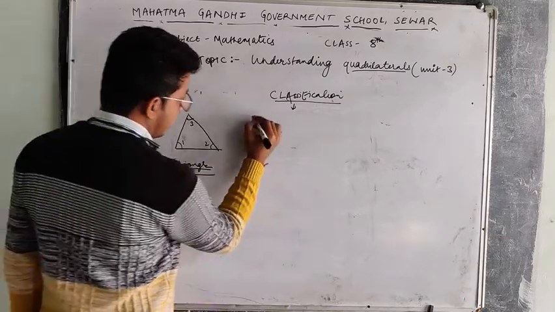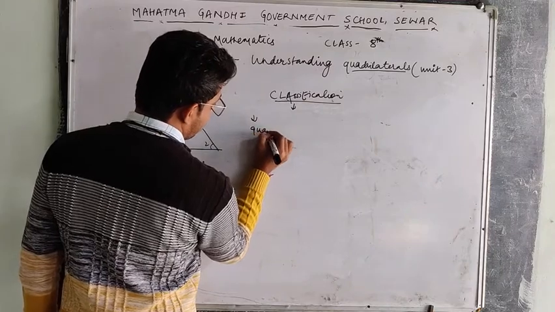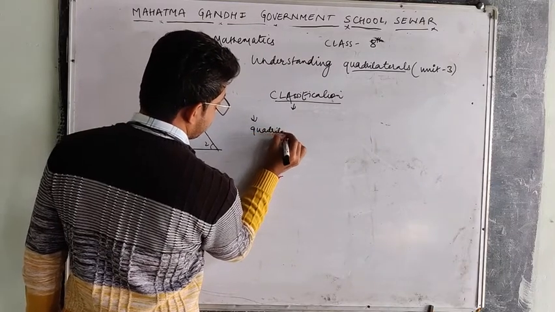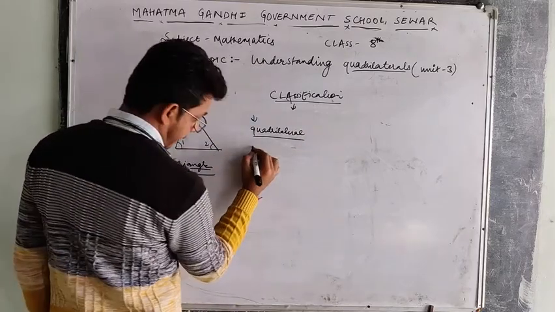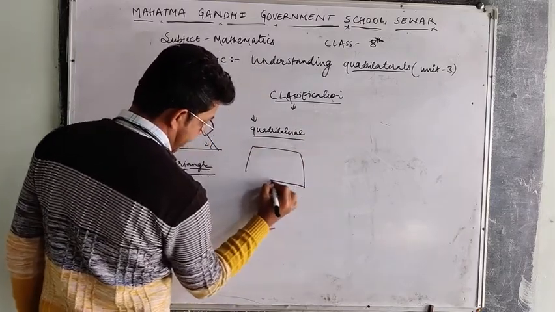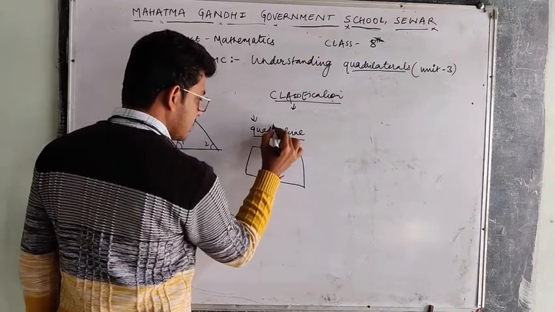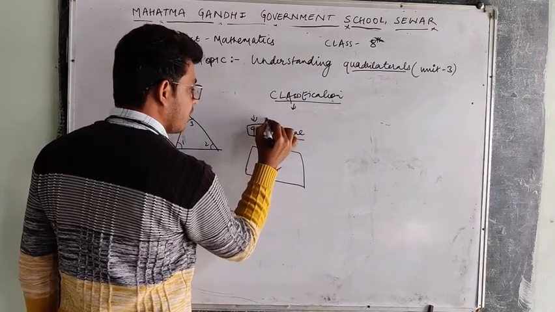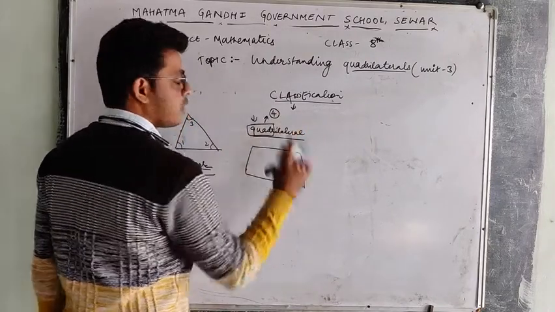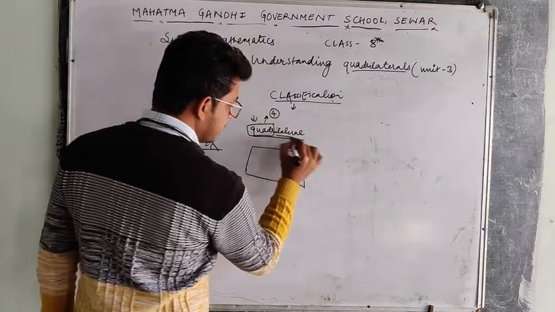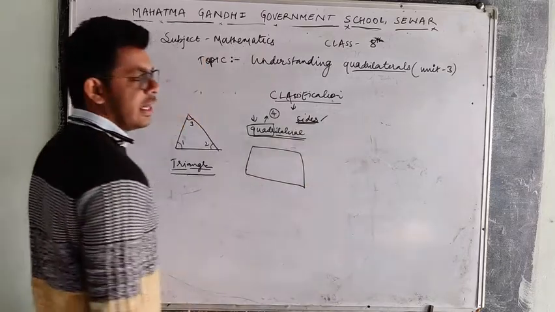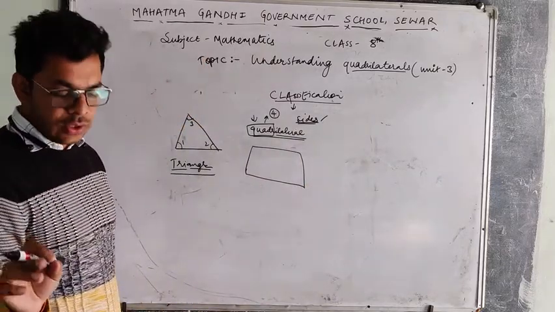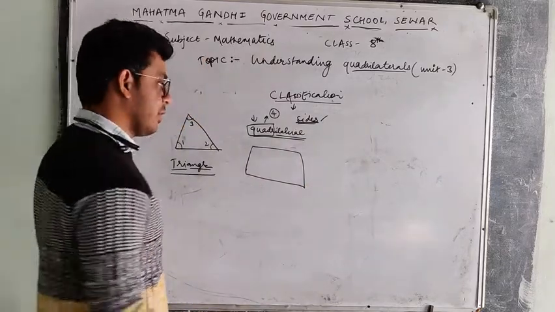Next is quadrilateral. As the name suggests, quad means four and lateral means sides. Anything which has four sides is called a quadrilateral.